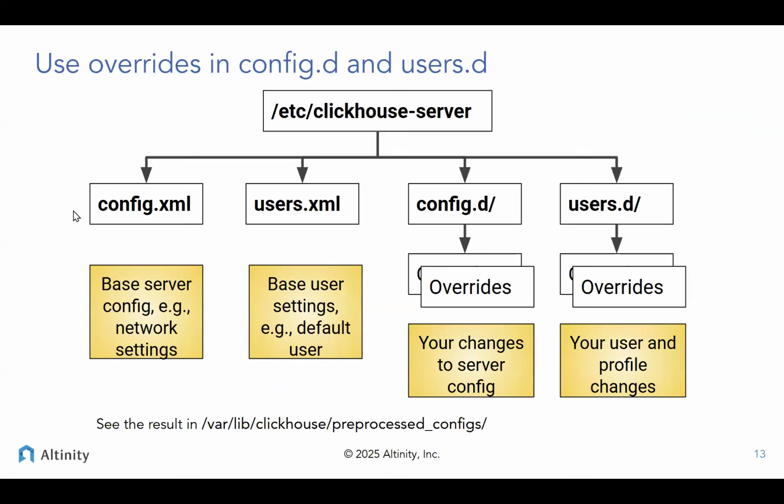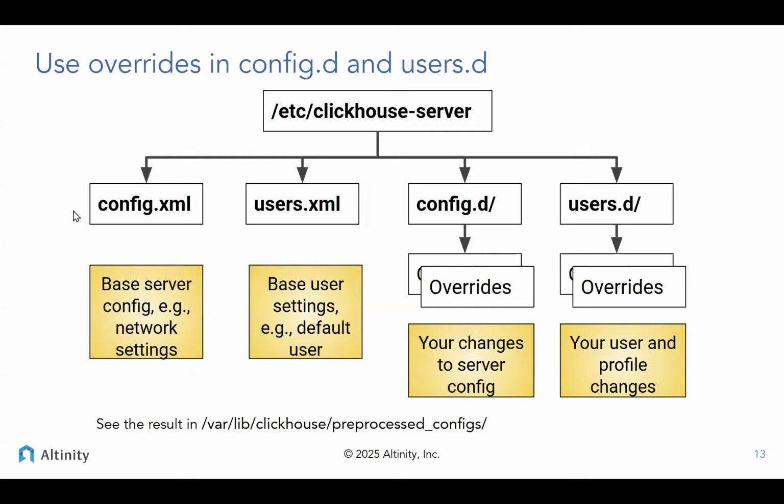If you're running this yourself, you really need to understand how configuration files work. There are two main types of configuration files. config.xml holds properties that control the server operation, everything from ports to be open to which system tables are enabled.